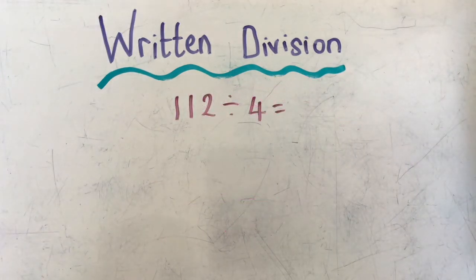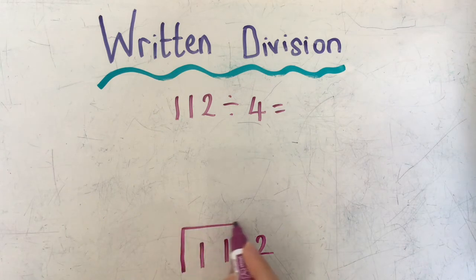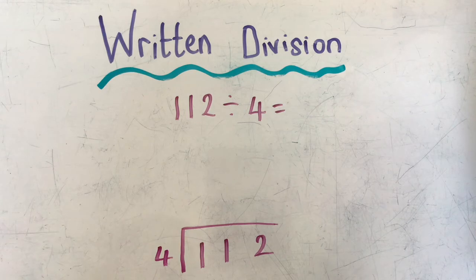So your third question is 112 divided by 4. We're going to write out 112 and draw in our bus stop and put our divisor, or the number that we are dividing by, in front. 4 going into 1 doesn't go any times, so we carry over the 1. Then we need to see how many times 4 goes into 11.